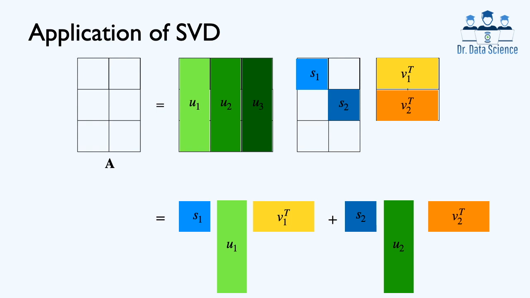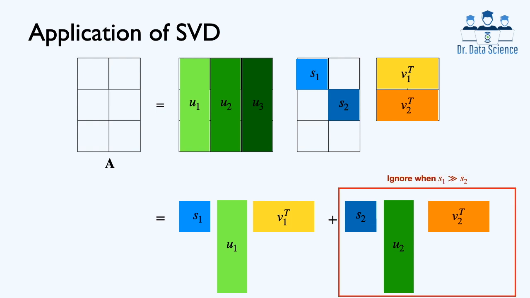So this means that the last column of U doesn't really do anything here in terms of representing the matrix A. And if you want to go into a little more detail, we say that this matrix is rank 2 because we only have S1 and S2, which means that we have two non-zero singular values, and this would be a rank 2 matrix.